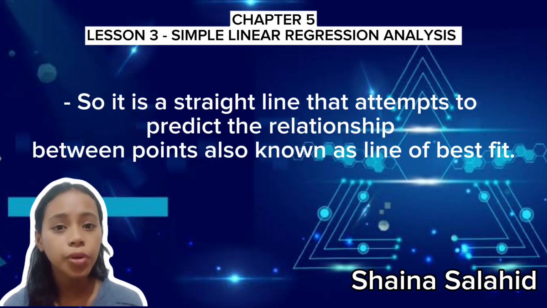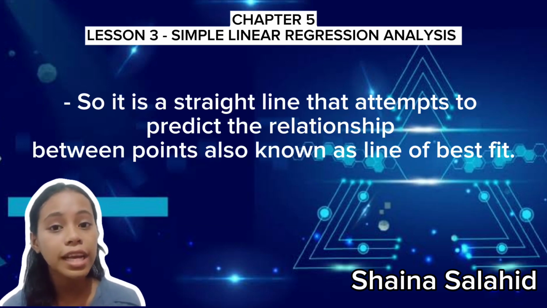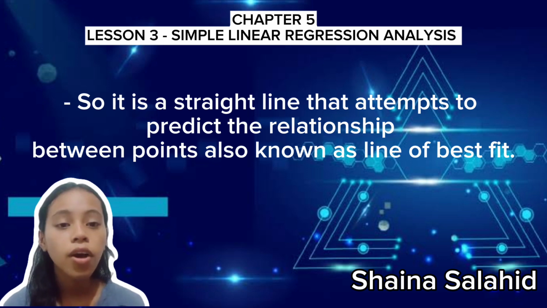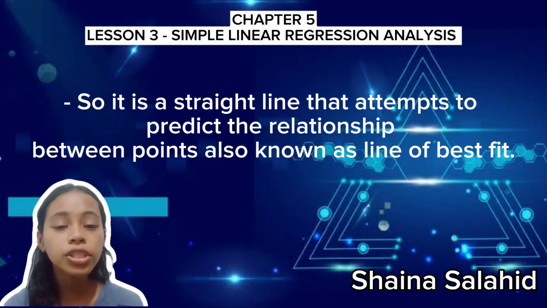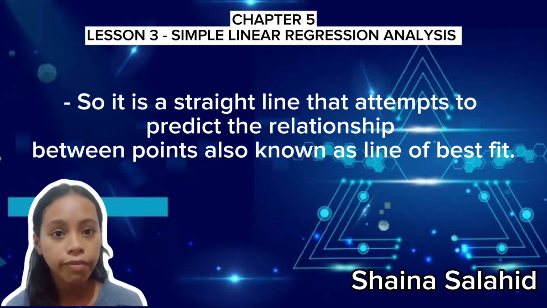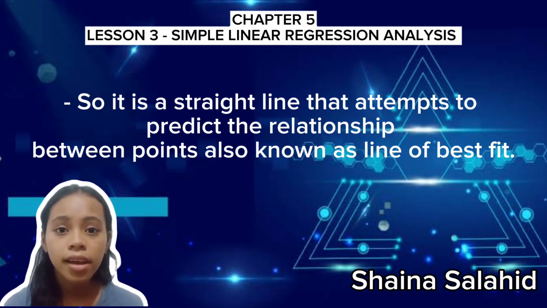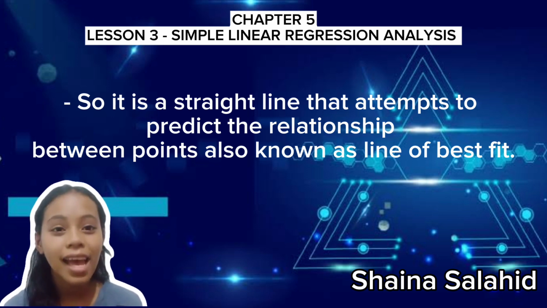It is the straight line that attempts to predict the relationship between points, also known as the line of best fit. The regression line gives an estimate of the mean value of y, denoted by y prime, given the value of x. Hence, the equation of the regression line is y prime equals a plus b times x.